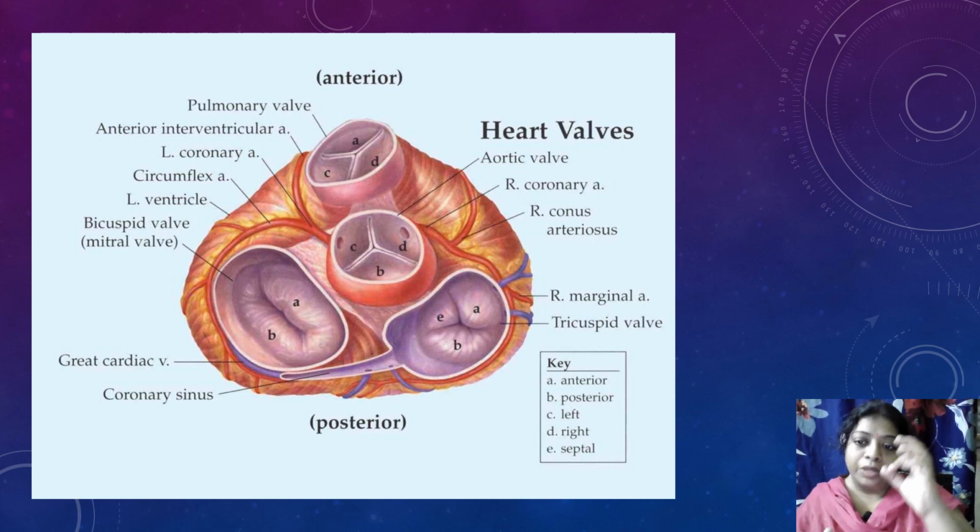So long we saw where it is present. Now let's see the function of this pulmonary valve. The main function is to prevent the blood from flowing backward, that is, from the arteries into the heart chambers.